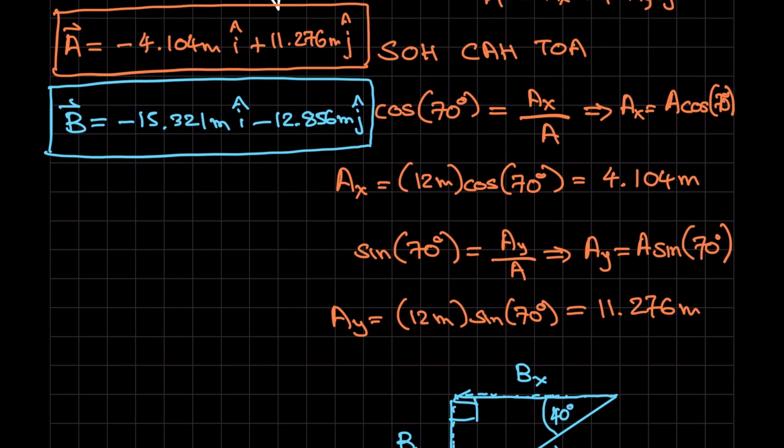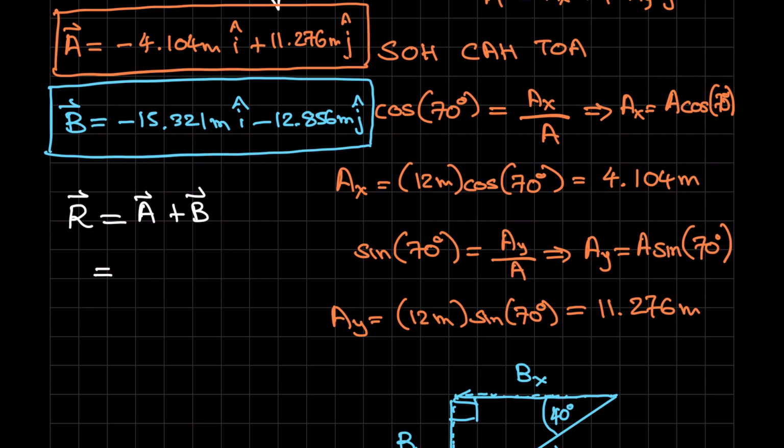The nice thing about unit vectors is that when you have to find the result, which is equal to A plus B, all you have to do is add the components, making sure not to mix them. You can't add i hats to j hats. As long as you're adding the i's together and the j's together, that's all there is to it. So let's do that.